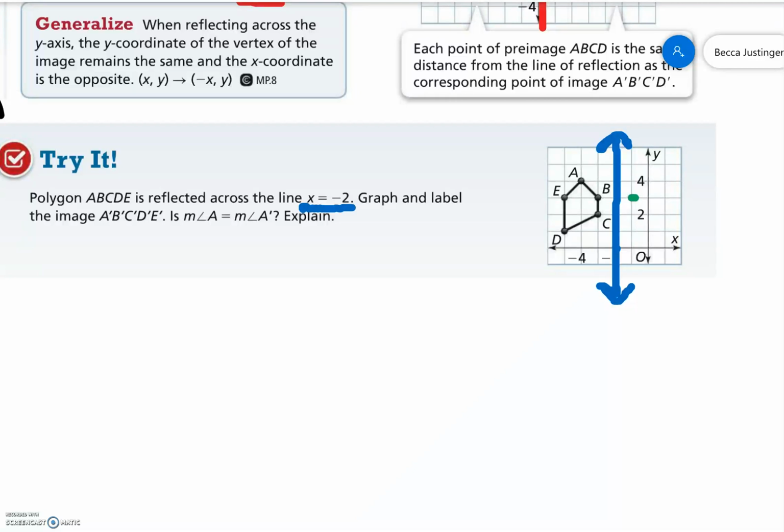So we're just going to flip our image. Count how many spaces over. And we will label, this is C prime, B prime, A prime, E prime, D prime. Connect our points.